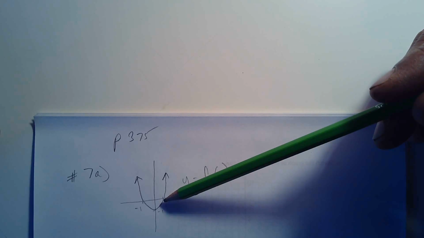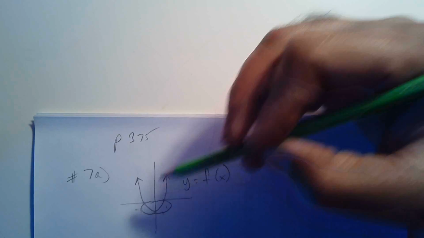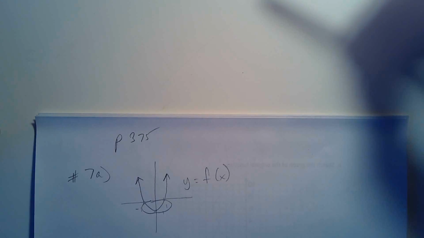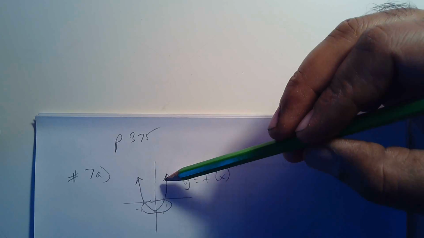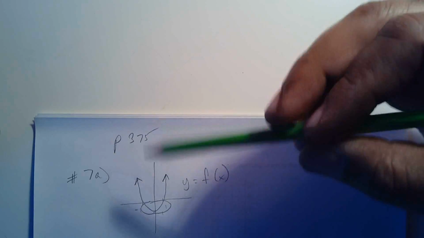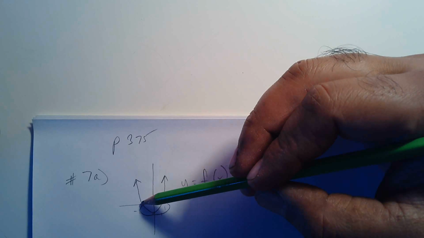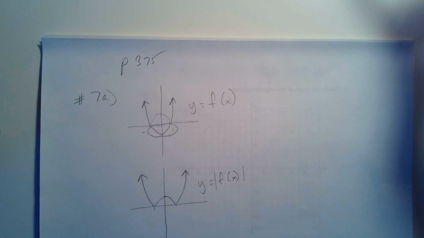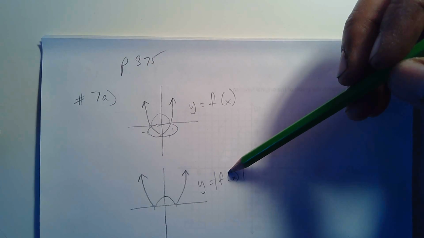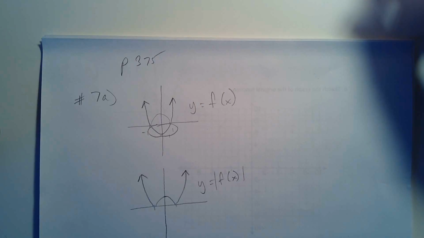So this part right here is going to have to get reflected, and it can't exist here. These parts here are fine because they're in the positive. So when we say a reflection, what that means is this side's going to basically look like that. So this will be your absolute value function. Okay, so that's why you end up getting this sort of W-shaped function.